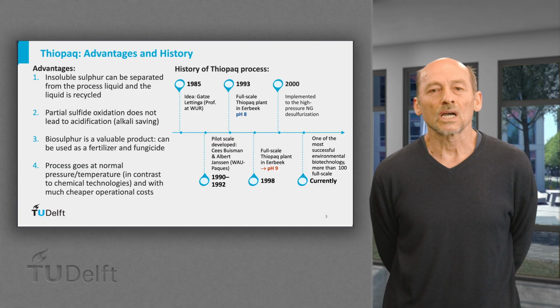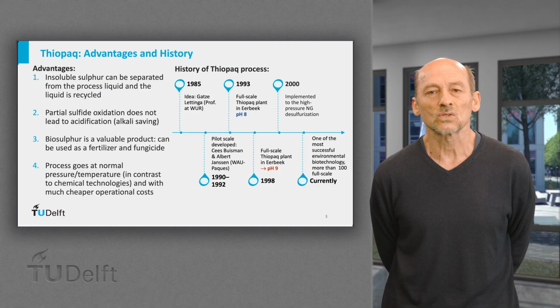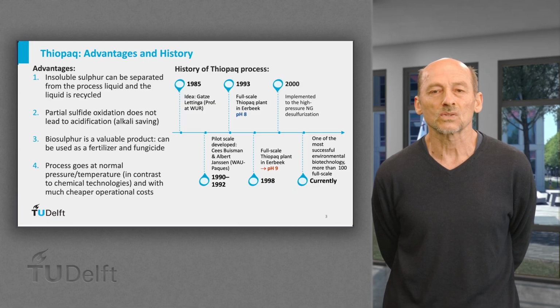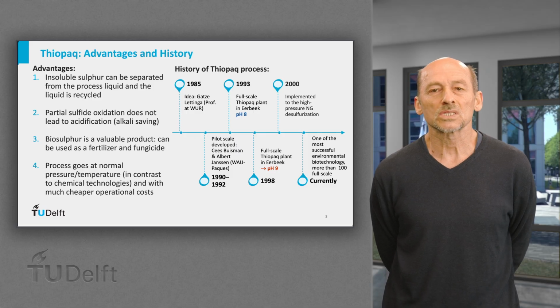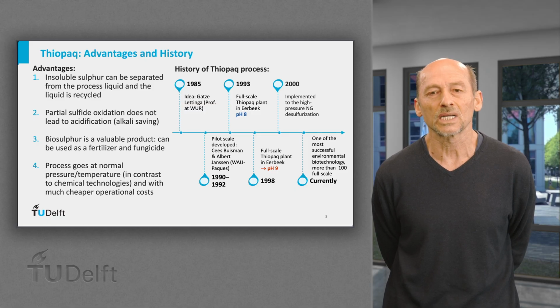The 2-electron oxidation of sulfide to sulfur instead of 8-electron oxidation to sulfate does not produce protons, but even regenerates some of the alkalinity, which allows to save on the main process cost, which is addition of alkali. Produced biosulfur has an added value because of its hydrophilic nature and can be used as a soil fertilizer and fungicide. And finally, it also saves on compressor cost of air pumping.